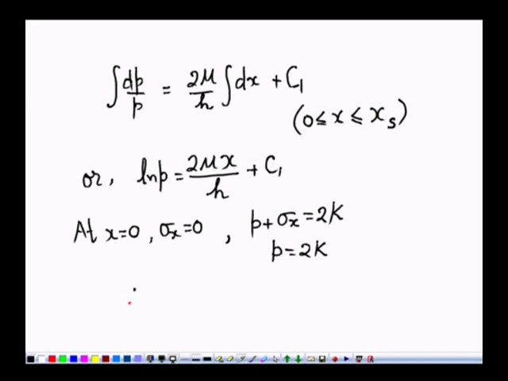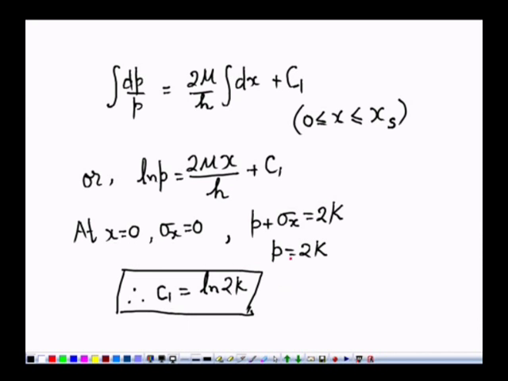Therefore, we can write that C1 is equal to log of 2k. So here we have the value of C1.